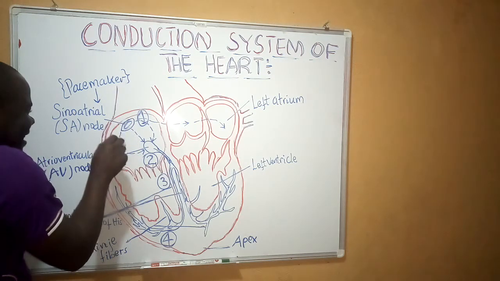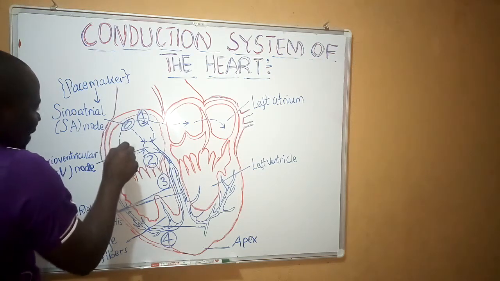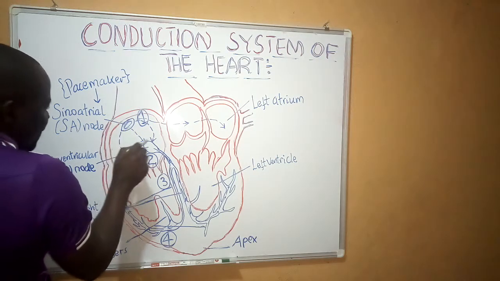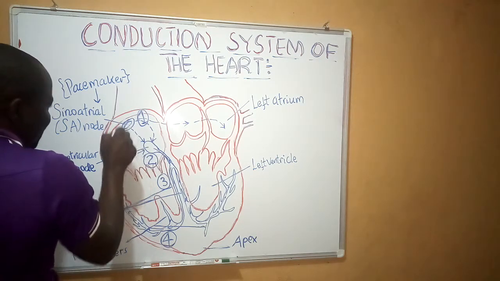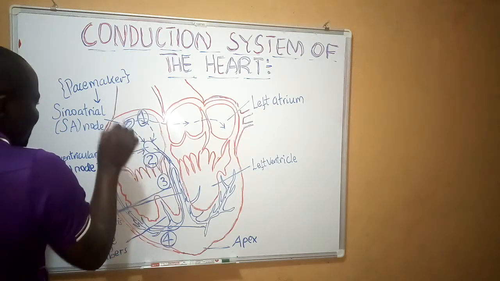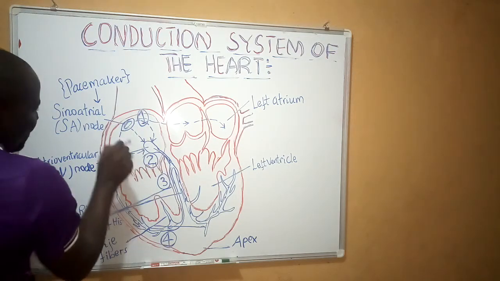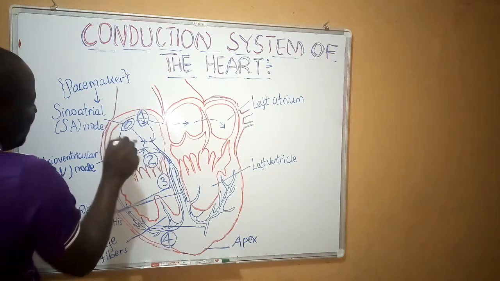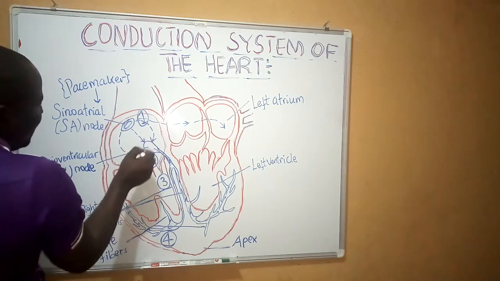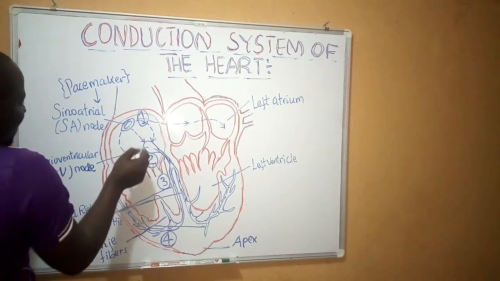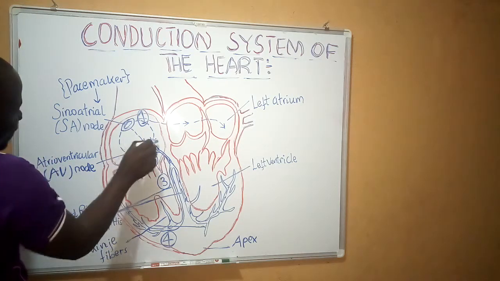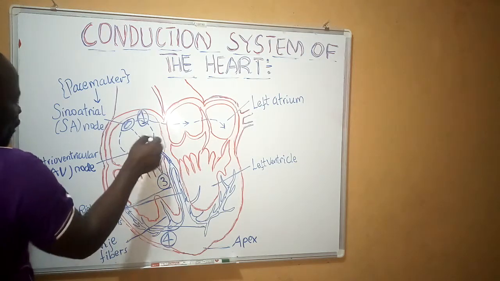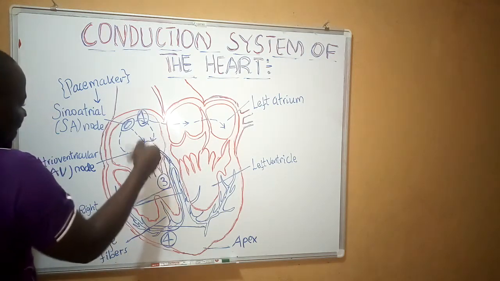This action potential spreads through the layer of the myocardium. As I said previously, the myocardium layer is composed of millions of cells. These cells have intercalated discs, and on those intercalated discs there are numerous gap junctions.